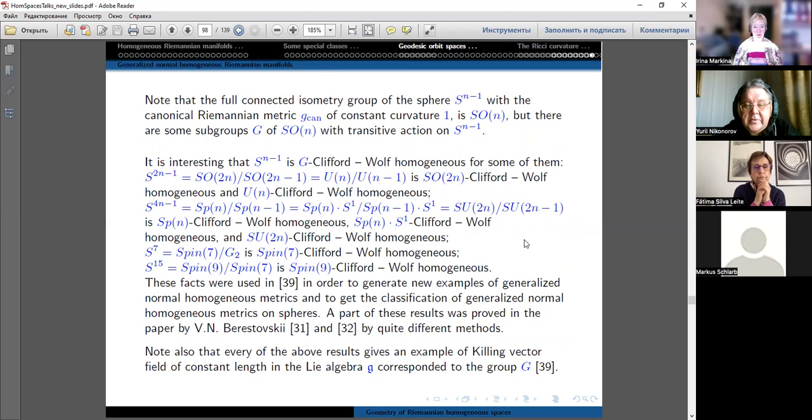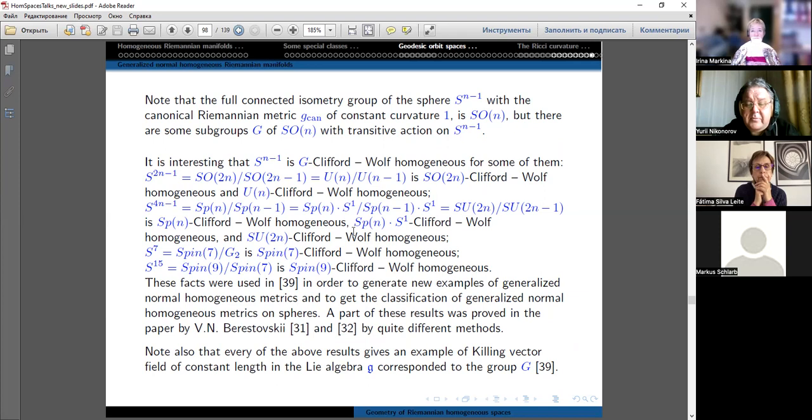And these ideas allow us to classify all generalized normal homogeneous metrics on spheres. We know that there are several Lie groups that act transitively on spheres. Therefore, it's interesting to consider these various groups and classify properties of the corresponding invariant metrics.